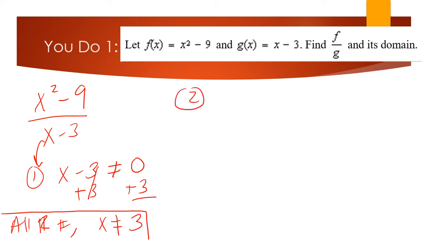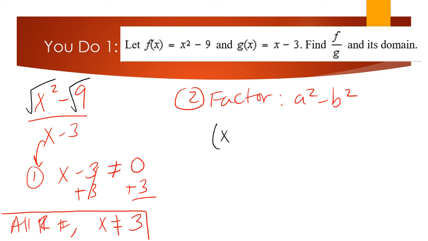Step 2, we're going to factor if we can. And we can. And we're factoring by a squared minus b squared. So we're taking the square root of x squared and the square root of 9. And that gives us x minus 3 times x plus 3. And we are left with x minus 3 in the denominator.